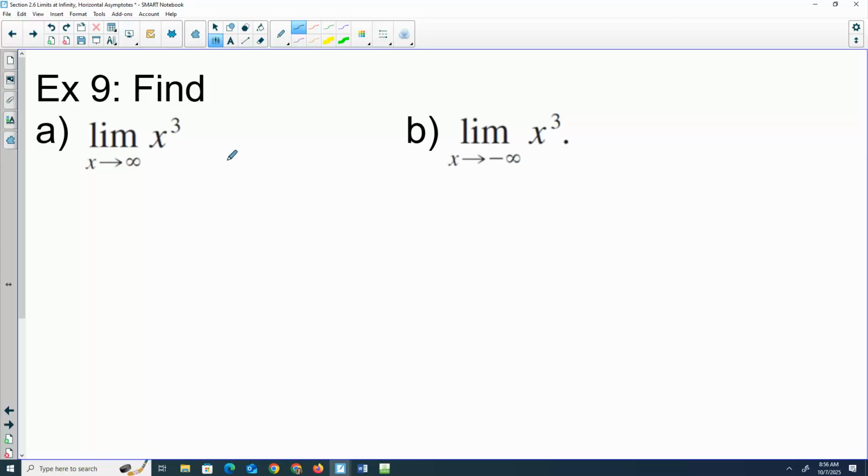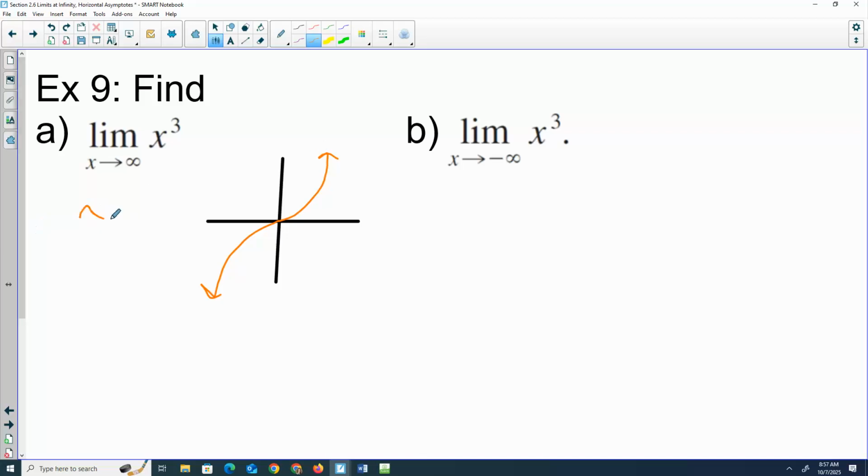Let's talk about a few more. If I said the limit as x approaches infinity of x cubed, a couple ways we could get it. We could make a table. We could think about the graph. What does x cubed look like? As x goes to infinity, what's your graph going to?